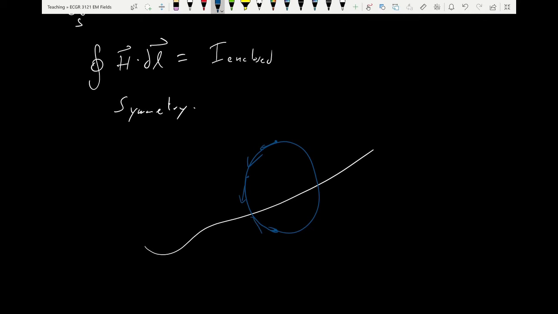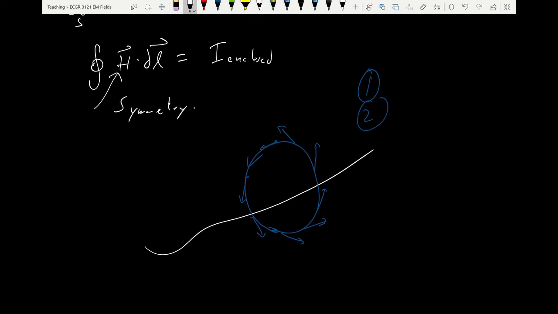I want to have this symmetry. Why do I want that? I want the field to always be tangential to this contour. That's one. And two, I want the field to be the same along the contour. It does not vary along the contour. Why do I want to do that? I want to do that so that I can take this outside the integral and solve for it easily.